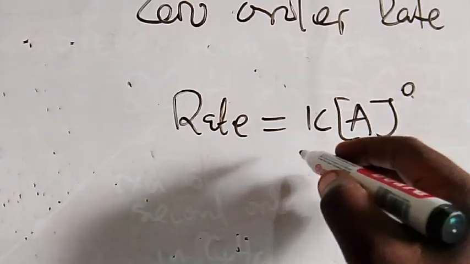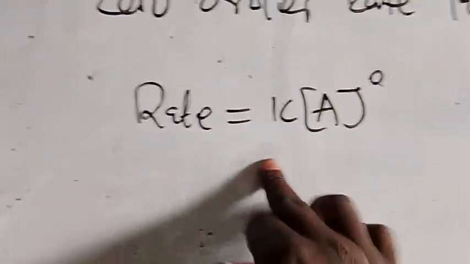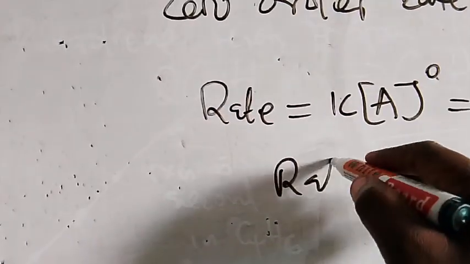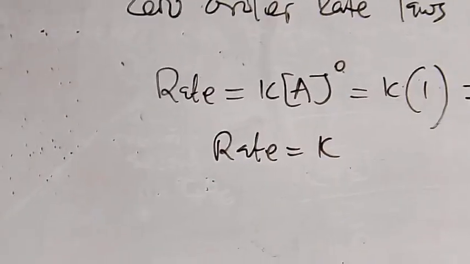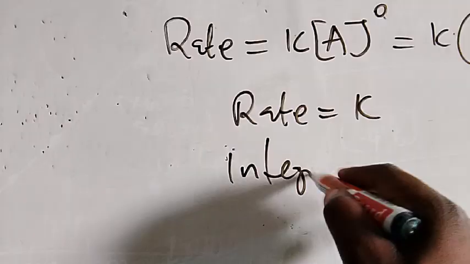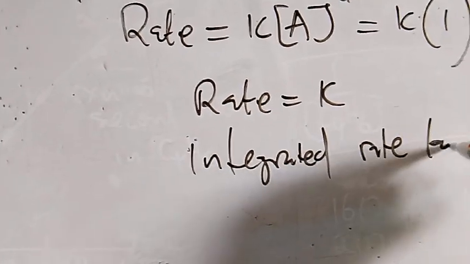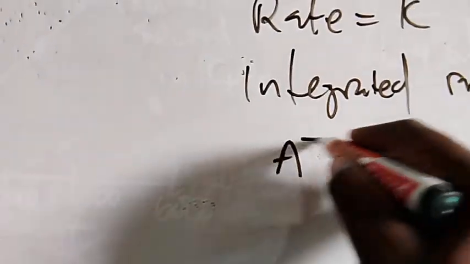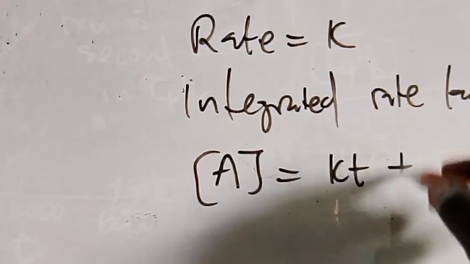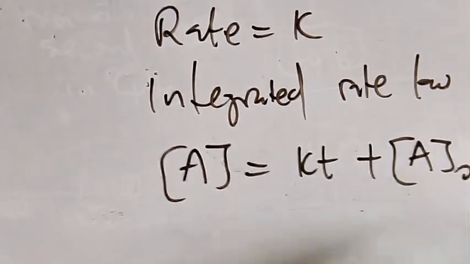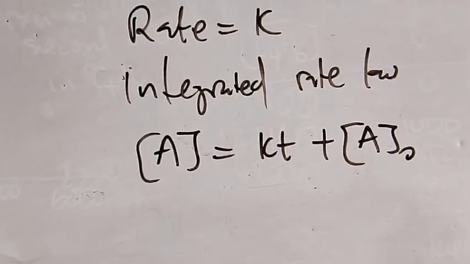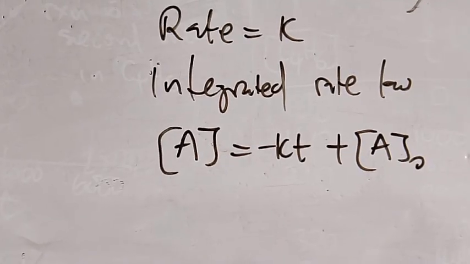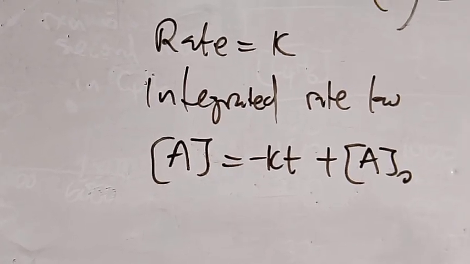A to the power 0 is 1, which gives us K. So for a zero order reaction, rate is equal to K. Then the integrated rate law for a zero order reaction is A is equal to negative KT plus A initial.